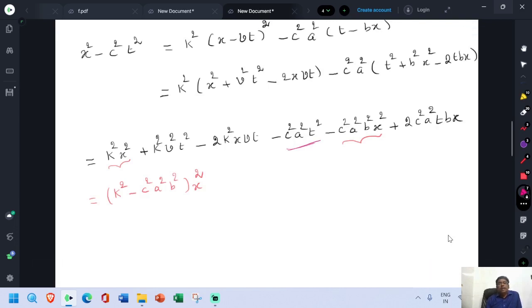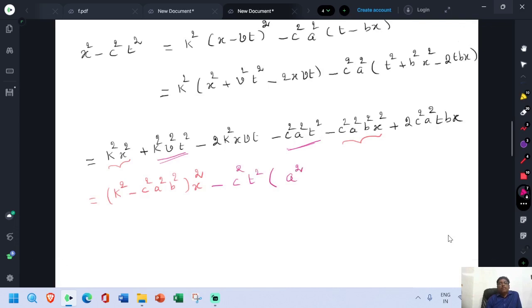And this is the term with t square, but no c square is present. Anyway, take this minus c square t square outside. Minus c square t square into, already we have taken minus c square t square, so the remaining term is a square.